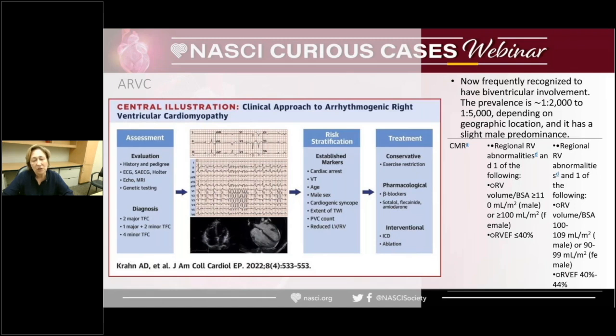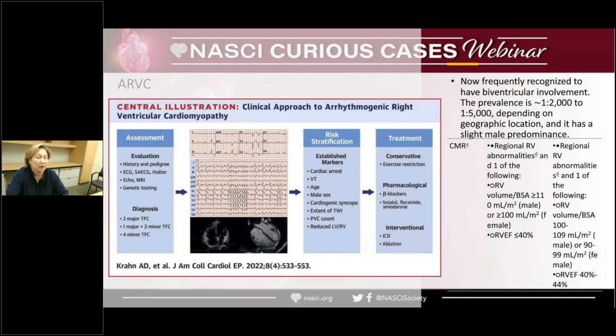There's just a little bit of adjustment of the volumes when we talk about indexed end-diastolic volumes. For men, if these are more than 110 ml per meter squared, or for females about 100 ml. This patient had much more than that, and a right ventricular ejection fraction of less than 40.